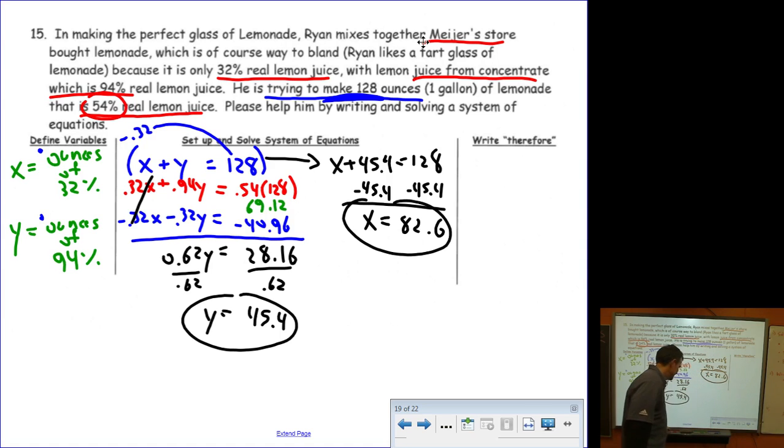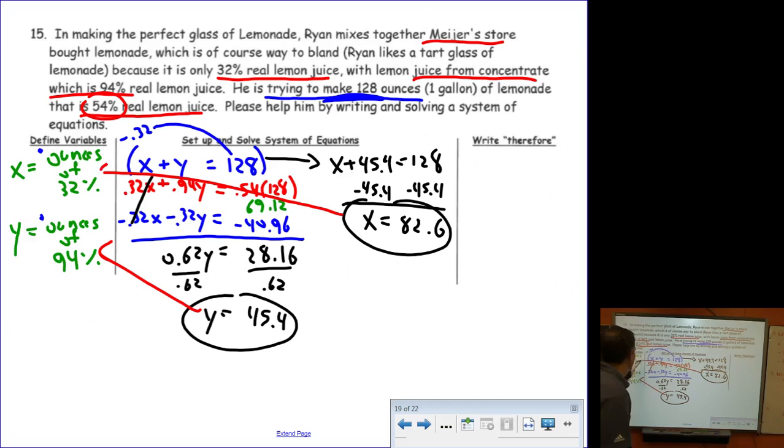So there's my answer. Again, I'm not going to write the therefore statement again. You've already seen the therefore statement. But I would be using 45.4 ounces of the concentrate that is 94% juice. And I would be using 82.6 ounces of the Meyer lemonade that is 32% juice.